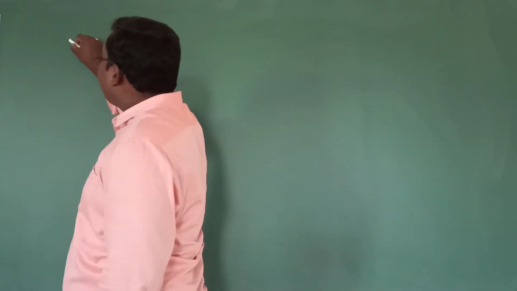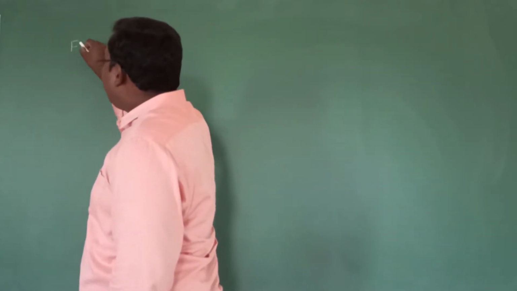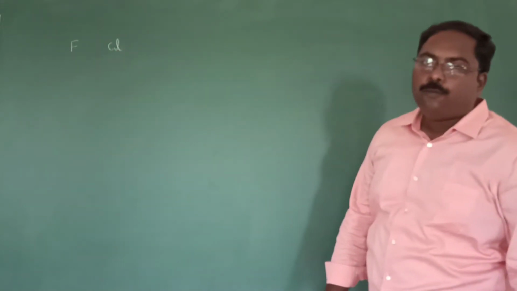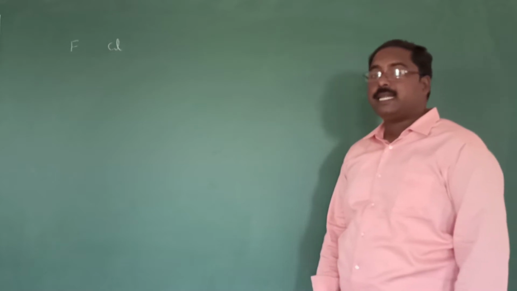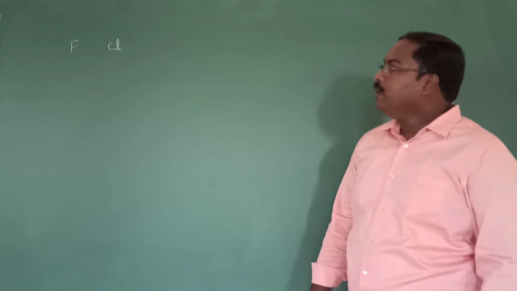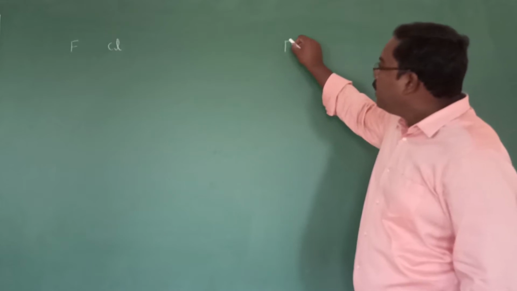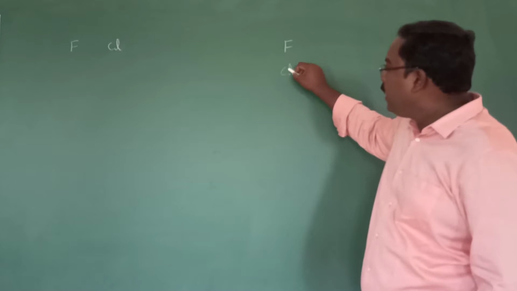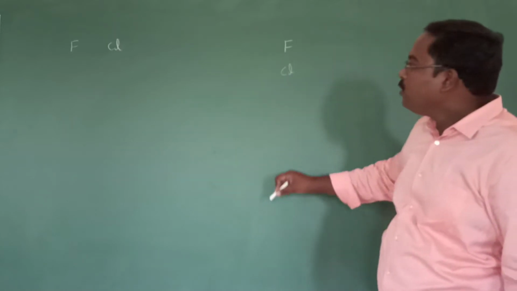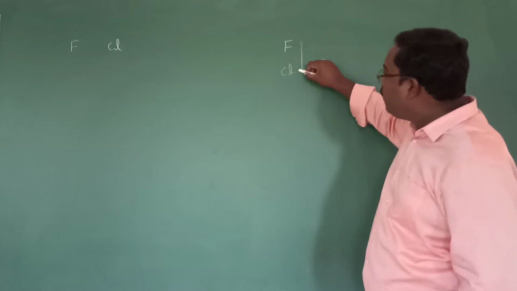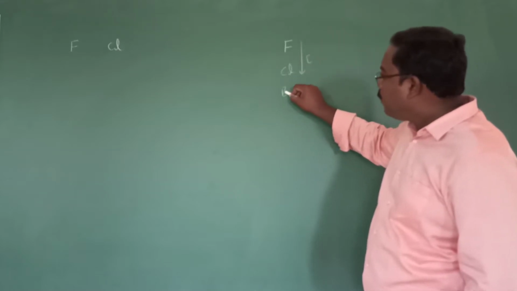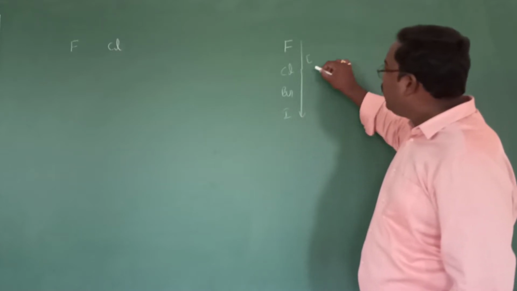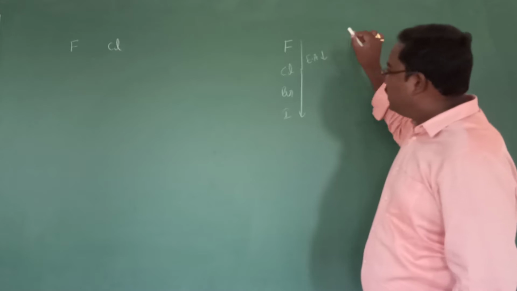The first thing, let us compare the electron affinity values of fluorine and chlorine. Out of fluorine and chlorine, which will have the highest electron affinity value? Fluorine belongs to the halogen family, and below fluorine the chlorine atom is present. In groups, as we discussed, from top to bottom electron affinity decreases.